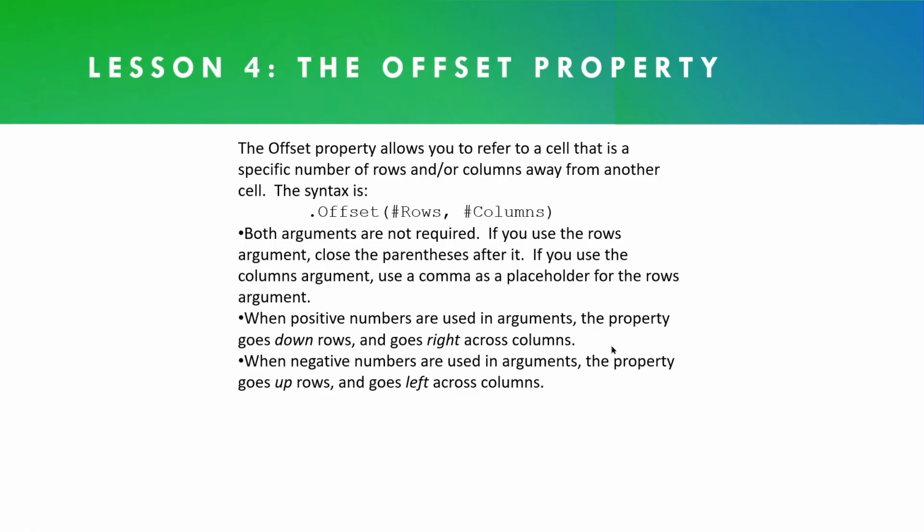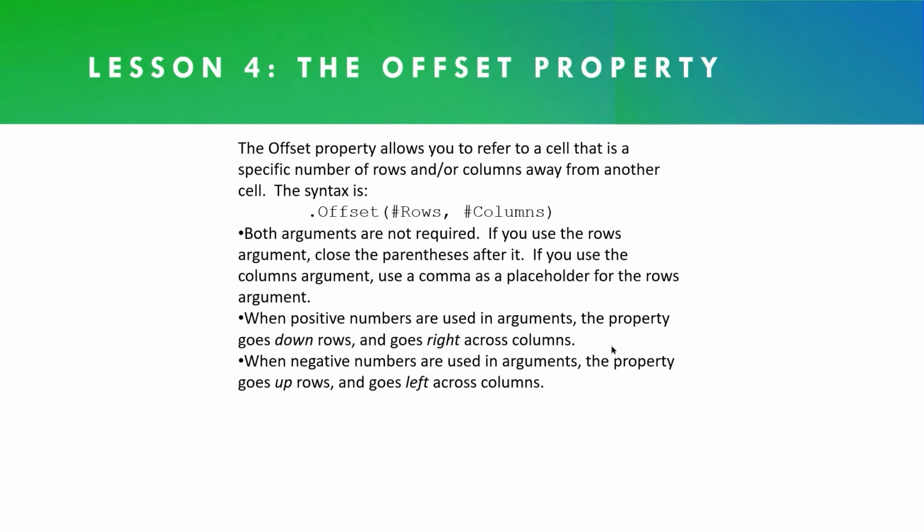And then you're going to learn how to use the offset property. It allows you to refer to a cell that is a specific number of rows and/or columns away from another cell. So it has a syntax, dot Offset, it is a property. And then you have the number of rows, comma, the number of columns as arguments. Both arguments are not required.